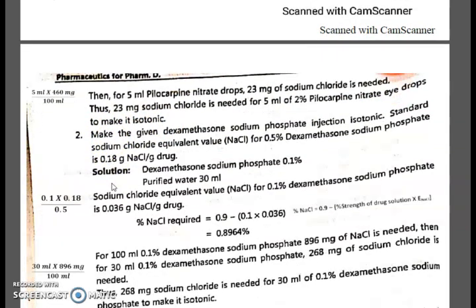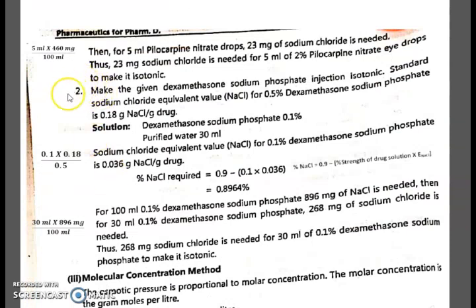Now, going towards the next example. In this example, we have to make dexamethasone sodium phosphate injection isotonic from the given formula. The given standard sodium chloride equivalent value for 0.5% weight by volume dexamethasone sodium phosphate is 0.18 grams.